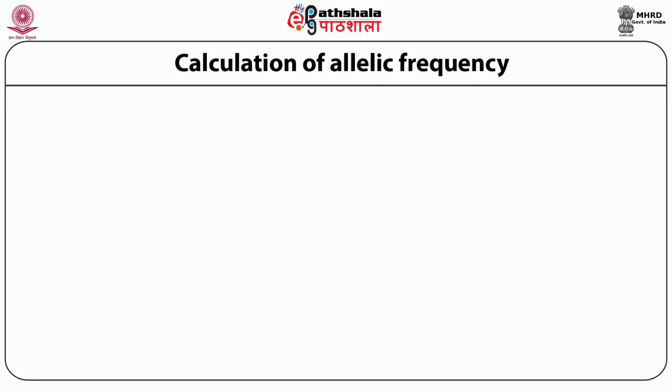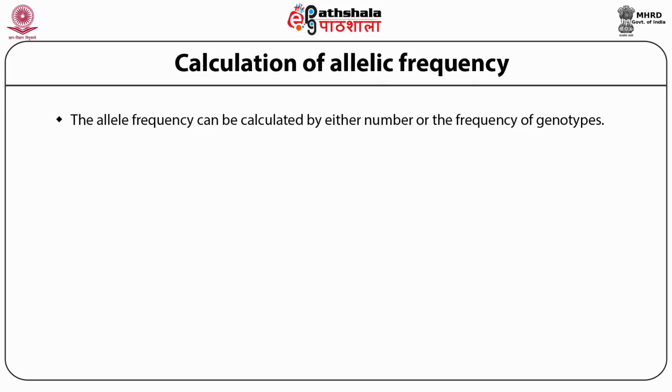As we have mentioned, the allele frequency can be calculated from either the numbers or the frequencies of the genotypes. Now we will see how to calculate the allele frequencies using the frequencies of the genotypes.